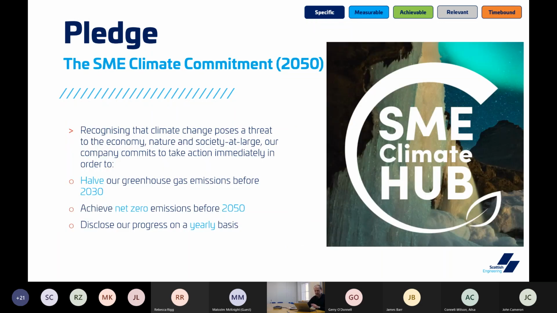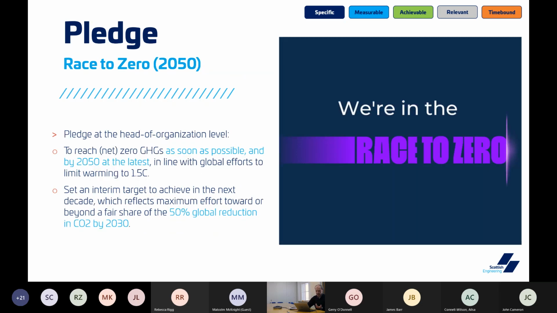The SME Climate Commitment, we talked about it. It's about halving by 2030, net zero by 2050, and reporting every year. So this one has got a target of 2050. 2050 also would be the Race to Zero, and it's 2050 at the latest, get there as soon as possible. It's about greenhouse gas, and again you're looking at a 50% reduction by 2030.